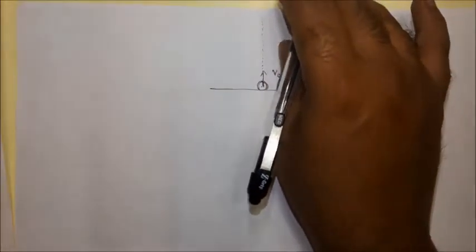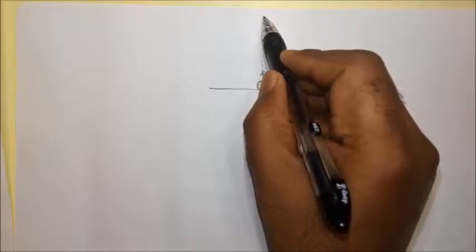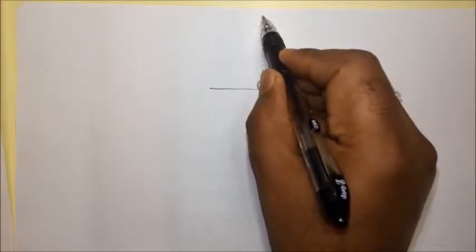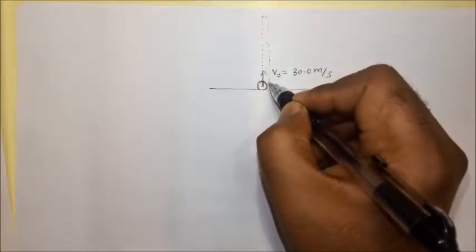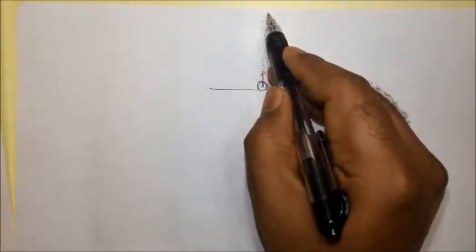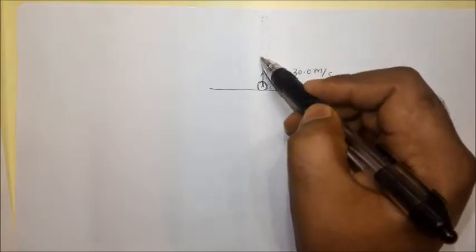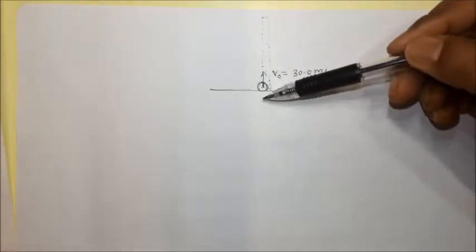So it goes all the way up and then comes back to the ground. I can draw like this. It's going vertically up and coming back vertically down in a straight line.